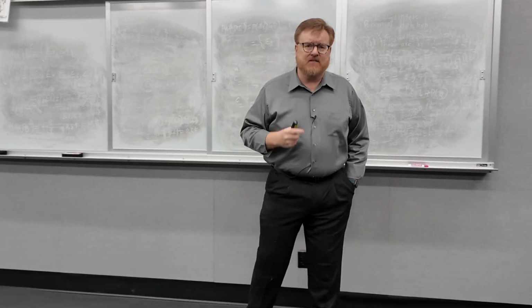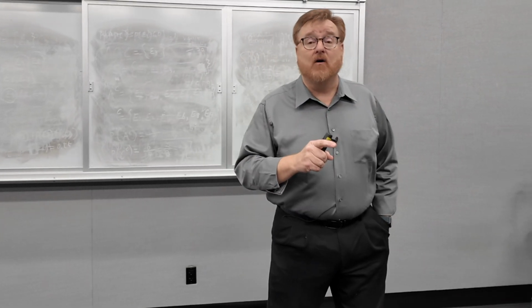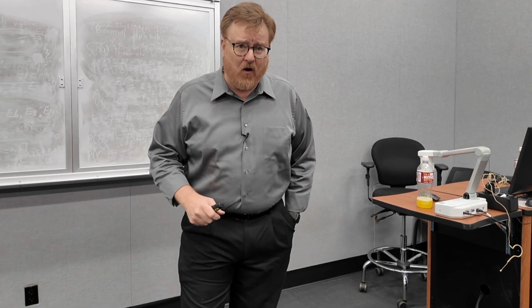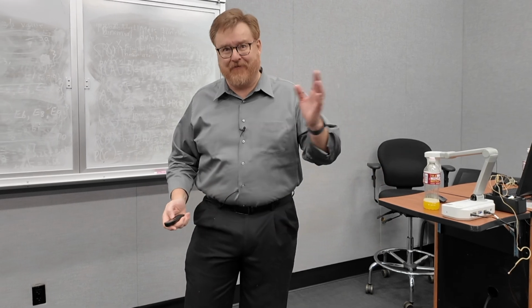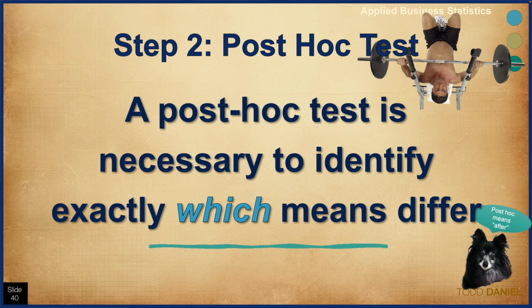If the F-test is significant, then we know there are group differences in our model, but we don't know which groups are different. In order to tell which groups are different from which other groups, we're going to have to do a follow-up test. It's called a post-hoc test, where the word post-hoc means after. The post-hoc test will identify which means differ.